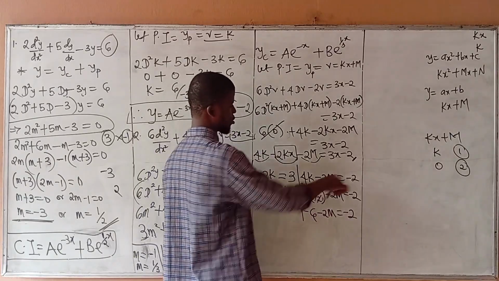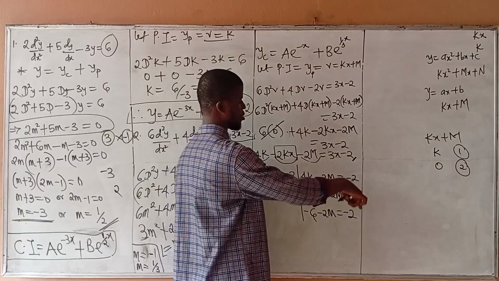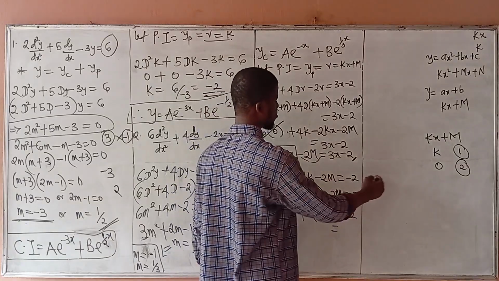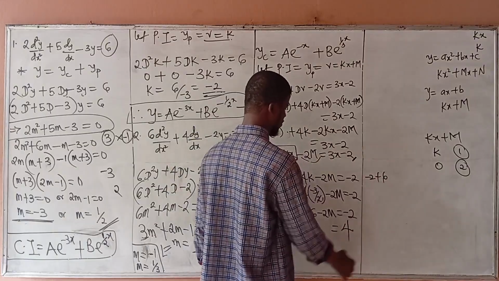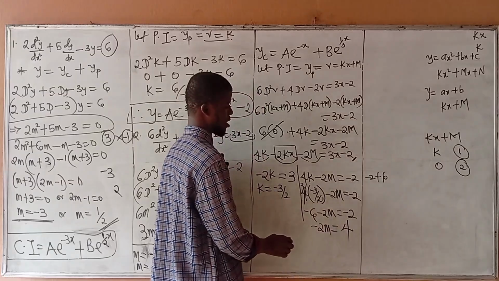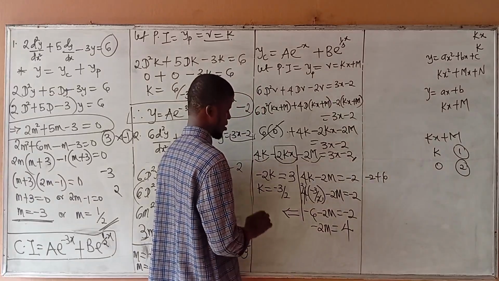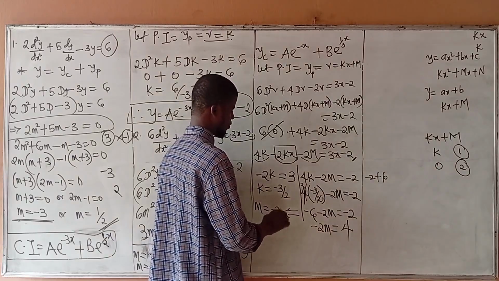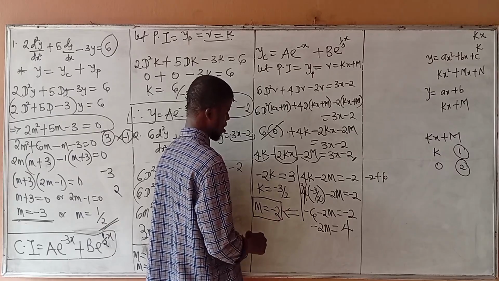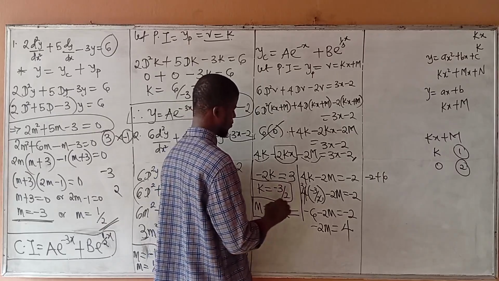Minus 2 plus 6. If minus 6 crosses, it turns to a plus. Right? So minus 2 plus 6 will give me 4. And I have minus 2n. So divide both sides by minus 2. It implies that n is equal to negative 2. So n is minus 2 and k is minus 3 over 2.